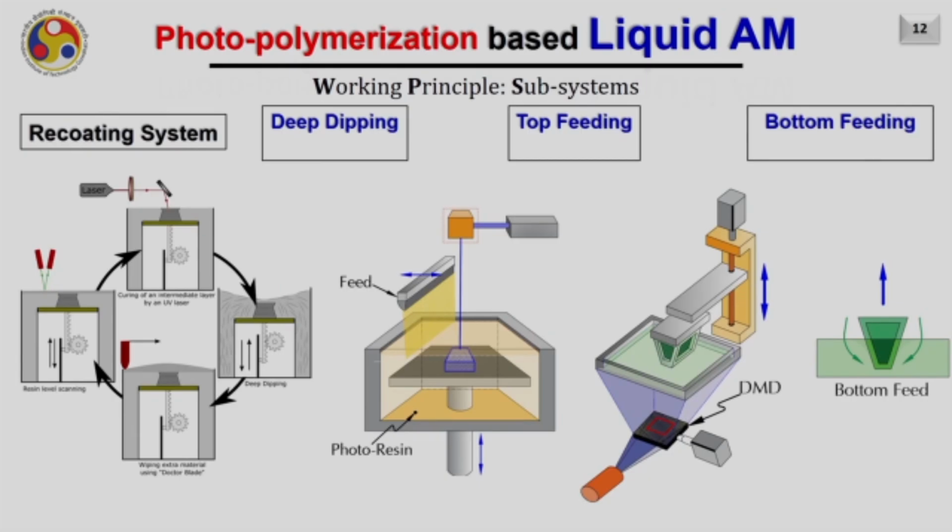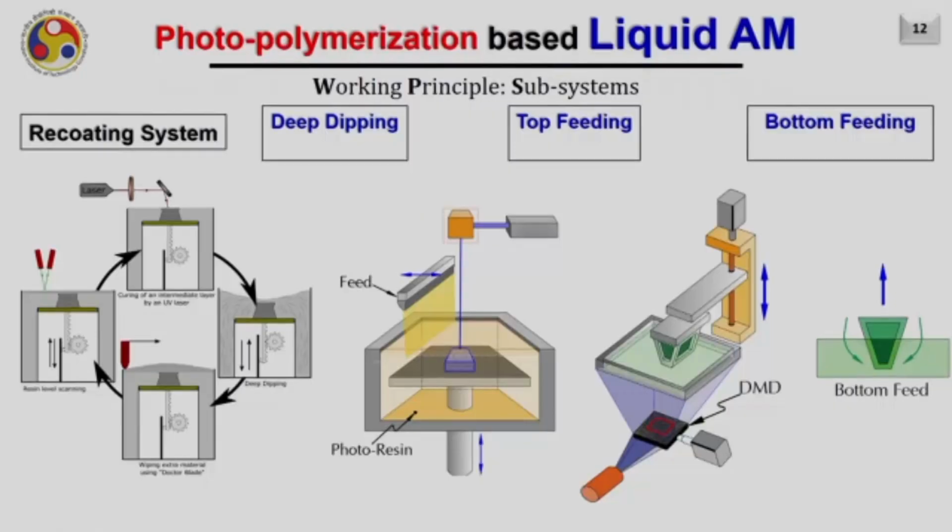Next, like I already mentioned, the subsystem will be a recoating system. This is going to be the very important system of the additive manufacturing machine, particularly for liquid additive manufacturing, as this will decide what should be the layer thickness of the part which we are going to build. The first one is called as deep dipping.